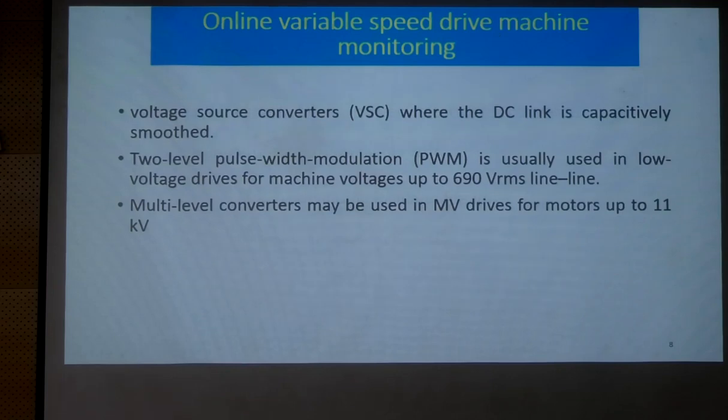Two level PWM is usually used in low voltage drives for machine voltages up to 690 VRMS line to line. Multi-level converters we use for megawatt drives up to 11 kV.